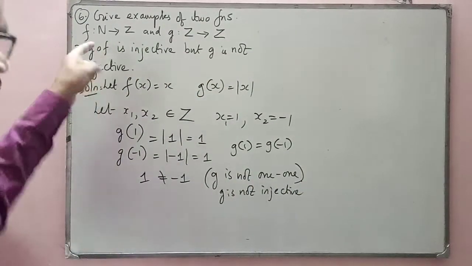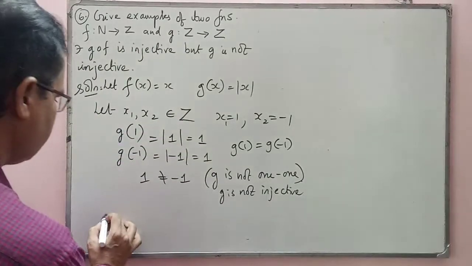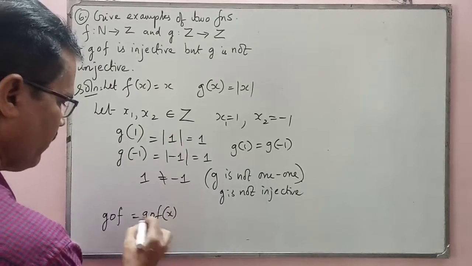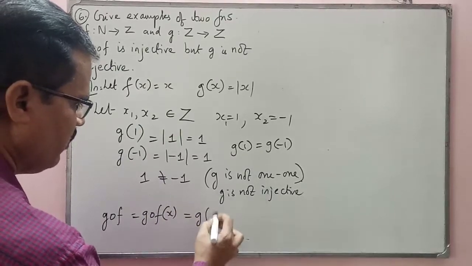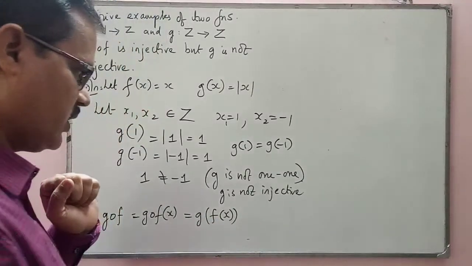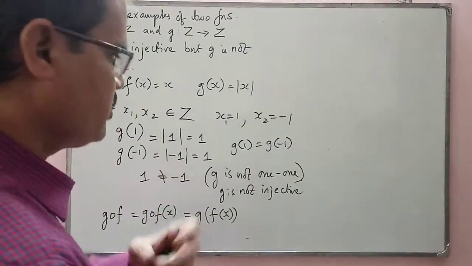Now we need to show that gof is injective. First let us see what gof is. gof of x is g of f of x. This is the actual meaning. Your argument will be f of x. Okay, children. Now in this we are going to take two elements.